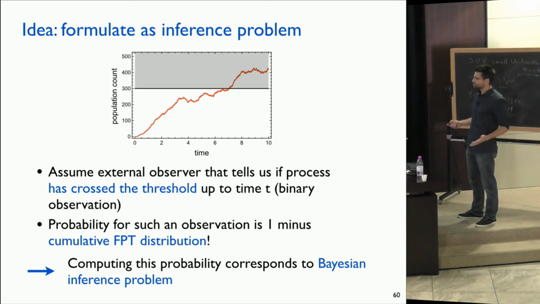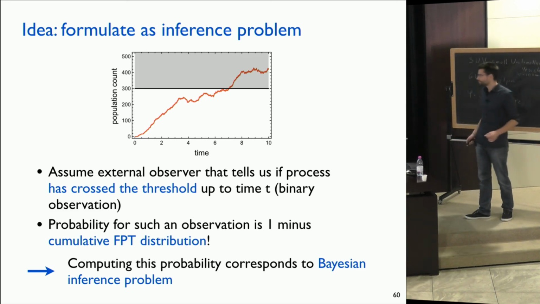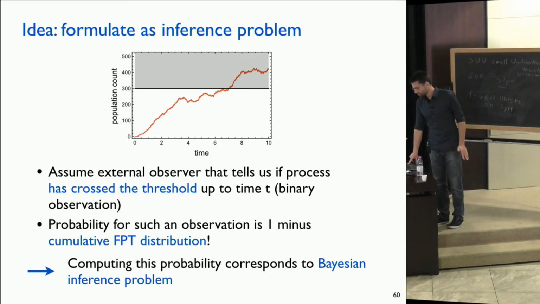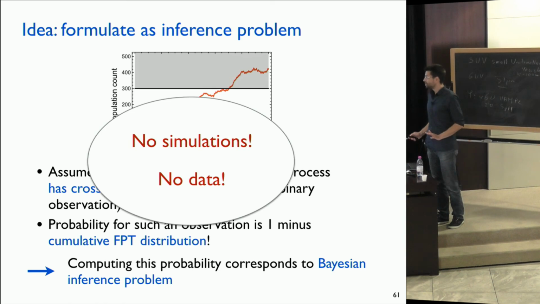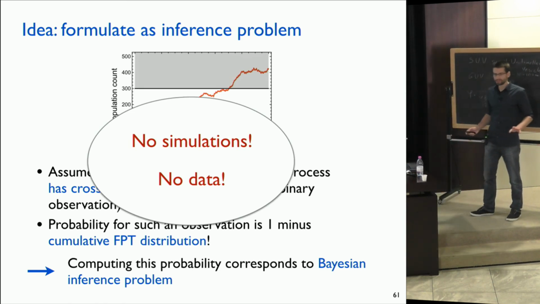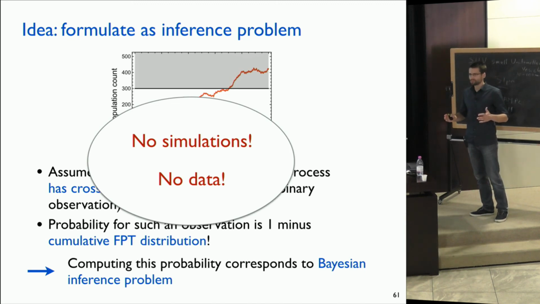Which means if we can solve this inference problem, we get the whole first passage time distribution. And this sometimes causes confusion, so I want to stress we don't need any simulations of the process and we don't have any real data. We just pretend that we have measured that the process has not crossed the threshold. For that I don't need any simulation or data. I just come up with this binary measurement.